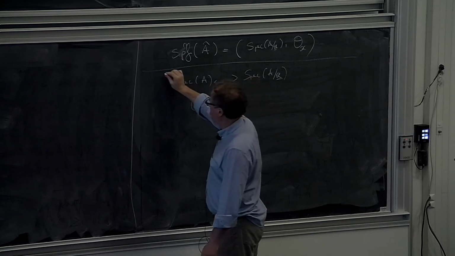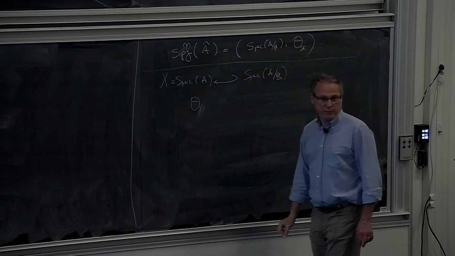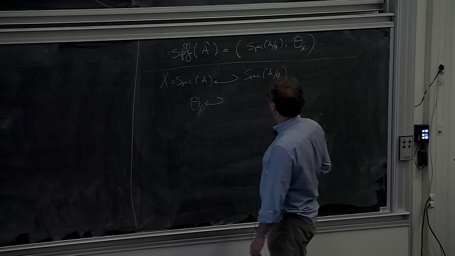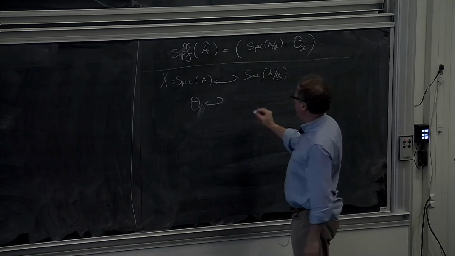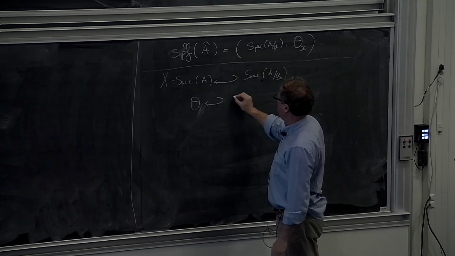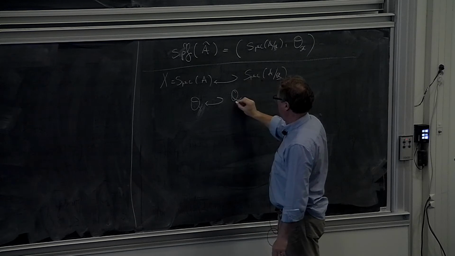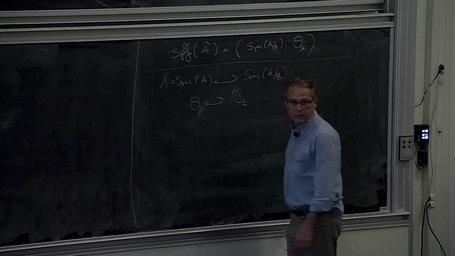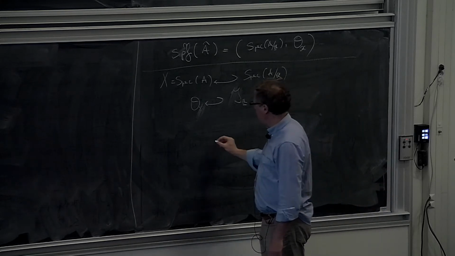Call this space, this scheme X. I have a sheaf which is this. Inside here I have an ideal sheaf which I will denote by, I don't know, EA.